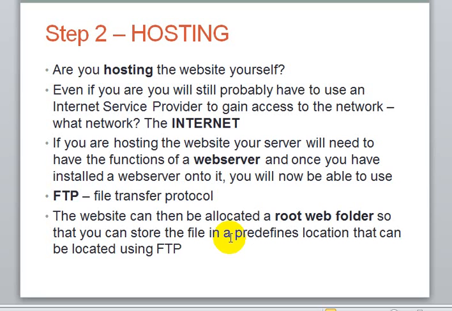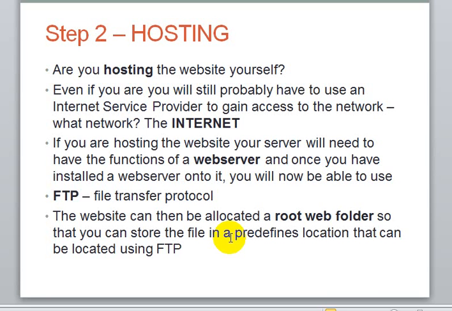If you are hosting the website, your server will need to have functions or be enabled to be a web server. So once you've installed a web server onto your server, you'll now be able to use File Transfer Protocol to upload that website onto the server. And then of course we need to make sure we can broadcast that IP address from our server.